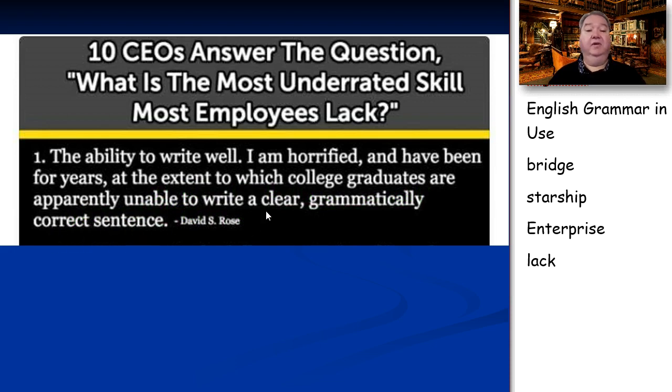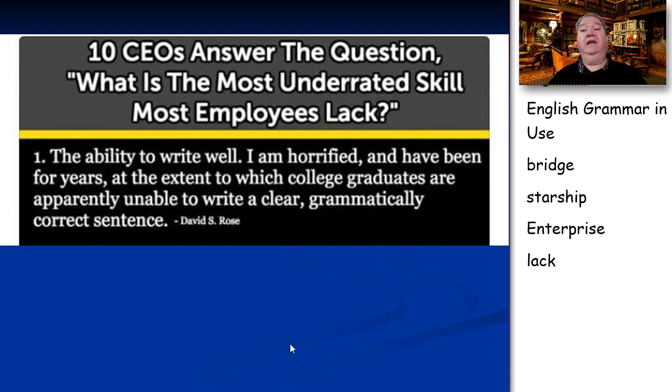So he's saying it's horrible that even university graduates cannot write clear, grammatically correct sentences. That's a huge problem. The ability to write well is a really important skill. So that's why we do this.